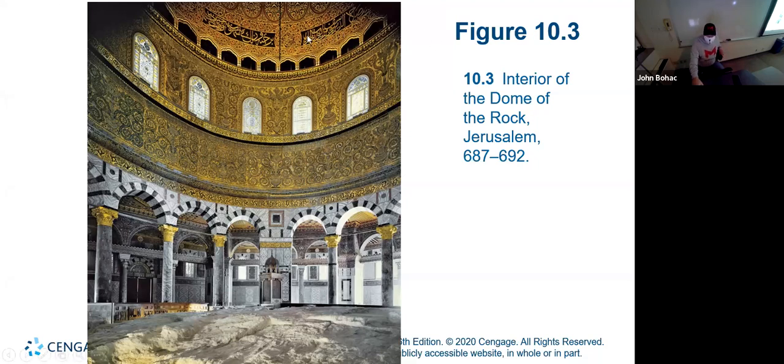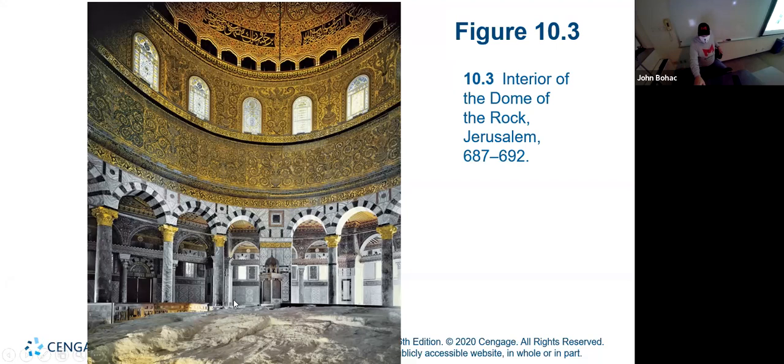And I want to point this out. This is the part of the dome here. And instead of having depictions, icons, if you will, of Mary, of Jesus, of St. John the Apostle, St. John the Baptist, Moses, Abraham, all of that, they didn't have it. But they will have quotes from the Quran. And so they took that second commandment very seriously about having graven images.